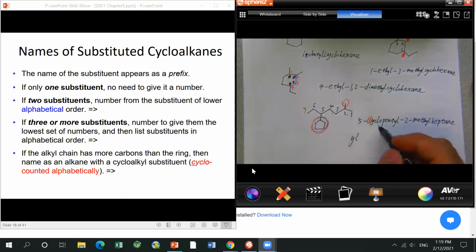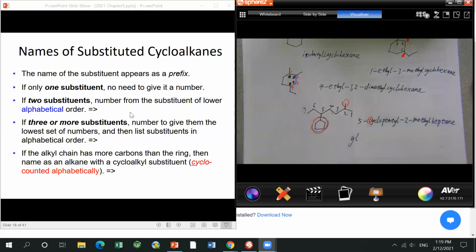If you still put -ane, cyclopentane, people get confused, and don't know which one is your main carbon chain, the main parent name, whether it's heptane or cyclopentane. So just keep in mind there's only one parent name, one parent chain or parent ring. But you can have as many substituent groups as possible, and substituent groups always end with -yl.